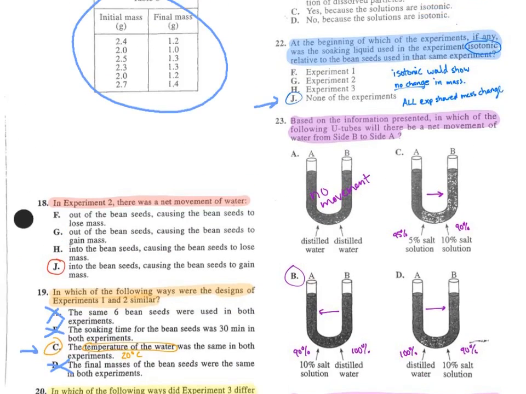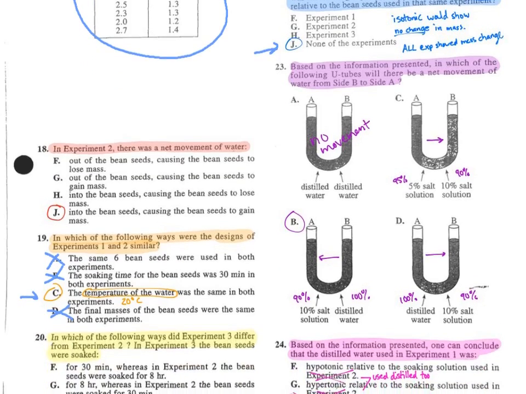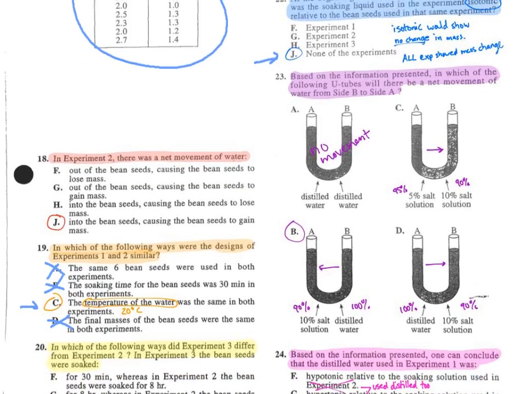Number 23 says, based on the information presented, in which of the following U tubes will there be a net movement of water from side B to side A? One of the things that I did is I labeled the percents of the solutions, the percent of water.